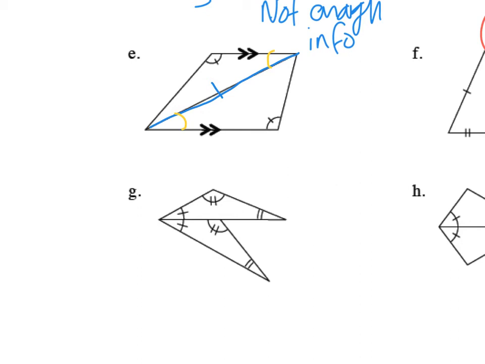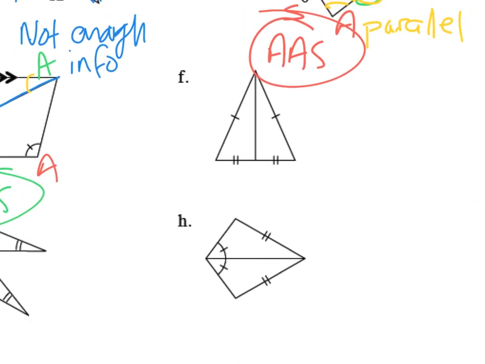Two sets of angles are on opposite sides of my transversal. So now, with my given information, I have an angle, and a side. And in the other triangle, I have an angle, and the side not included between it. So again, these triangles are congruent by angle, angle, side, which is kind of cool.